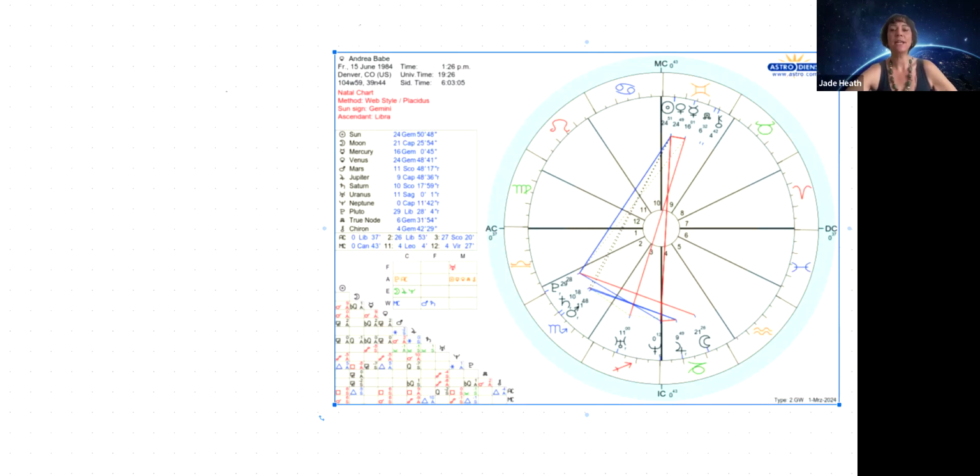So this is just an essence of a blueprint and an ability to see where your strengths are and where things are difficult or requiring more attention and focus throughout life, or things that will come up over and over again in order for you to take hold of and deal with.